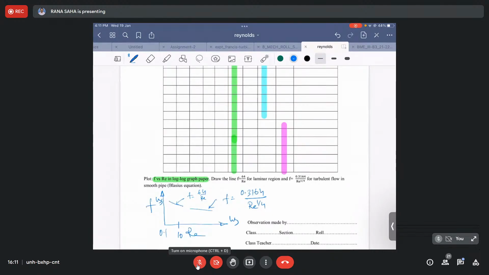That means it is not uniformly divided, and the next cycle will be 100, and the next one 10 to the power 3. Or you can start from 0.01, then 0.1, then 1, then 10. Or else you can have 1, then 10, then 100, something like that.